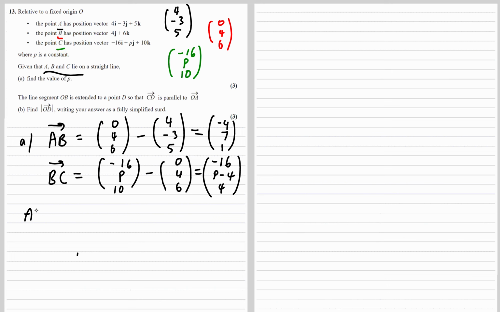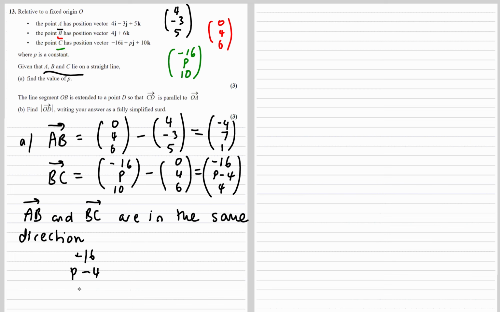So A to B and B to C are in the same direction. So negative 16, p minus 4, 4 equals a multiple of negative 4, 7, 1.